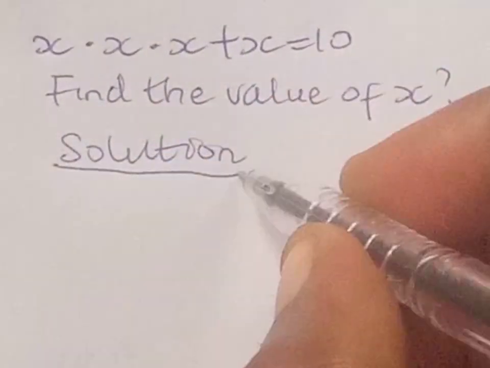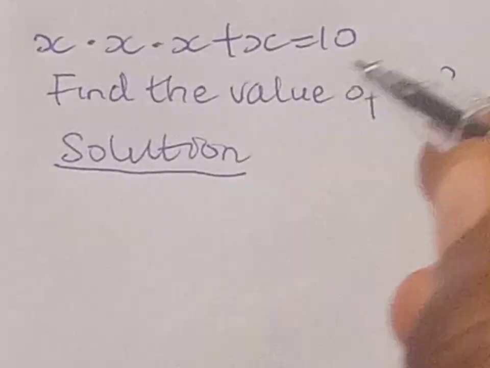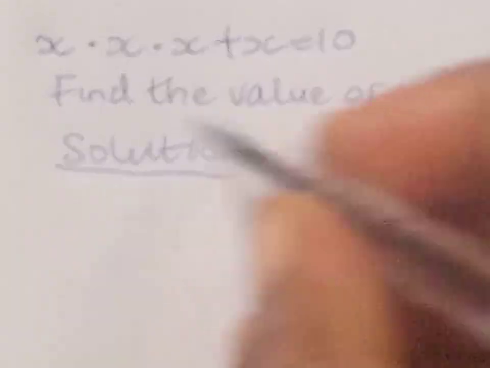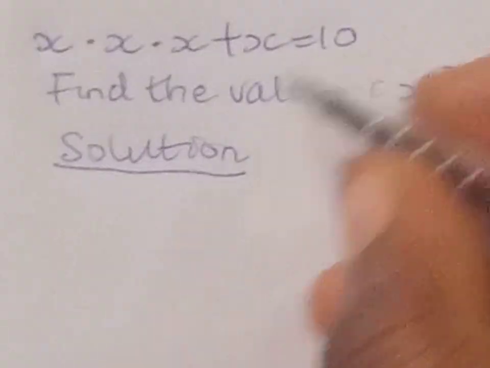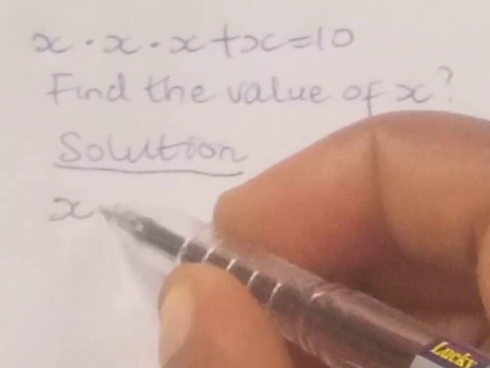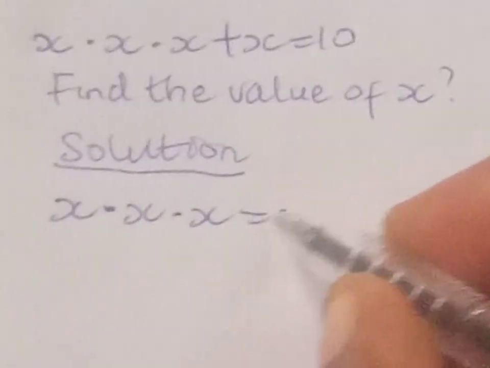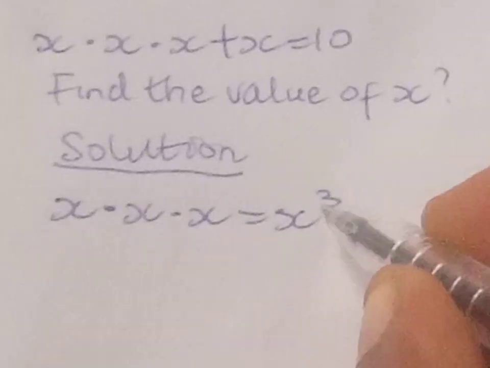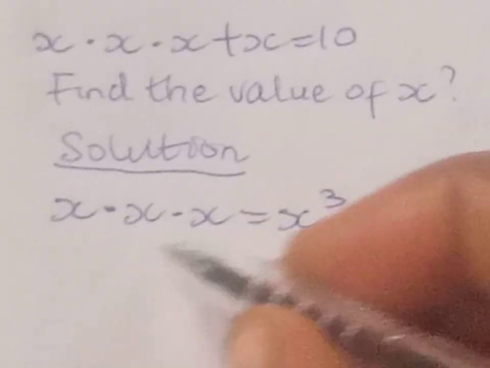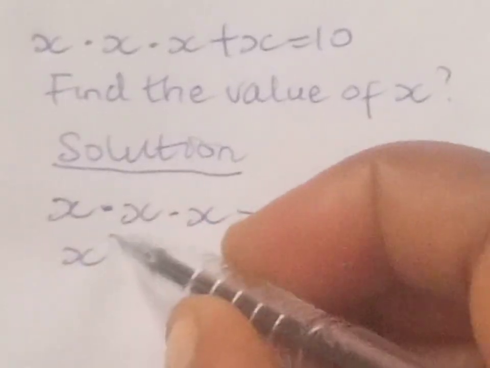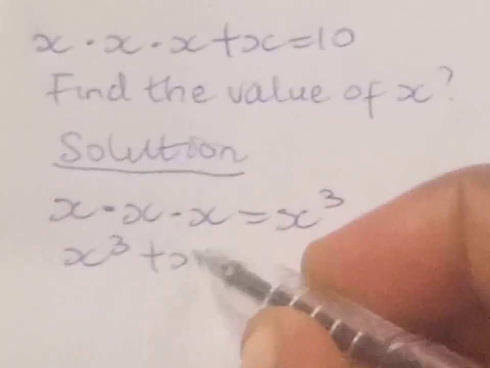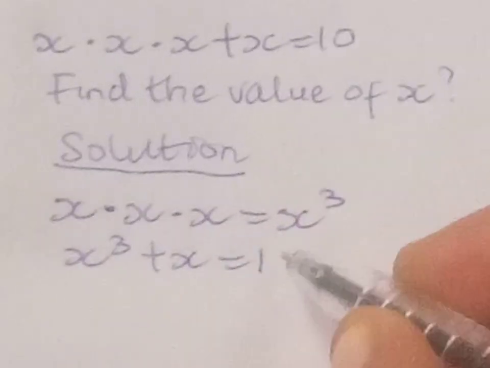Our solution says the first thing is, let's rewrite this question, since x multiplied by x equals x cubed. So our equation becomes x cubed plus x equals 10.